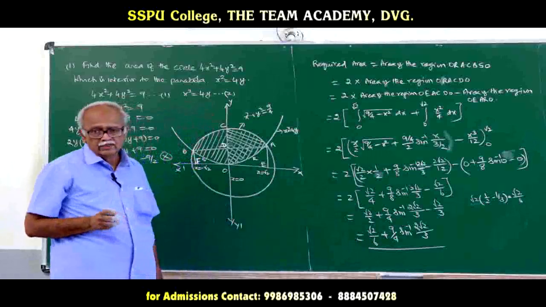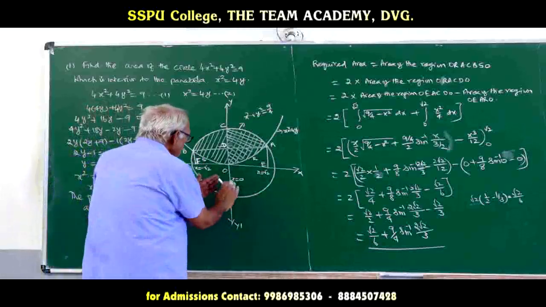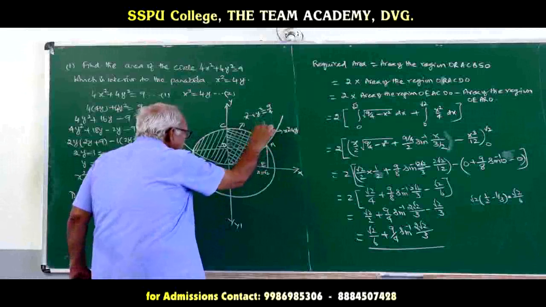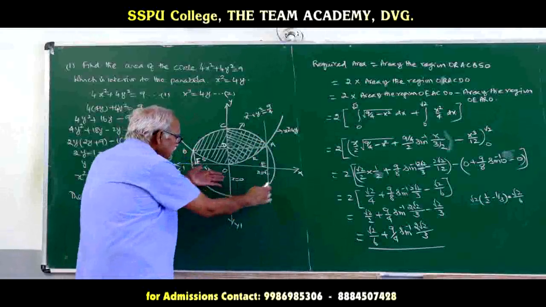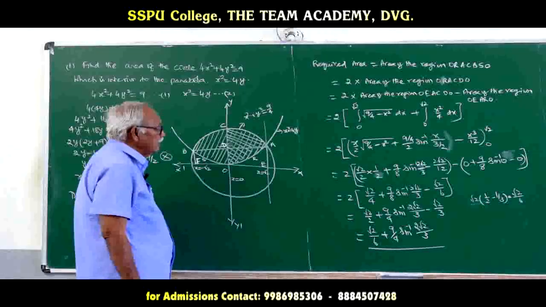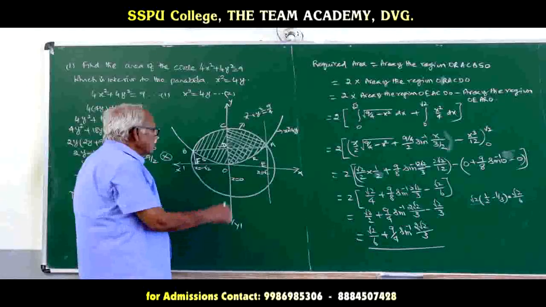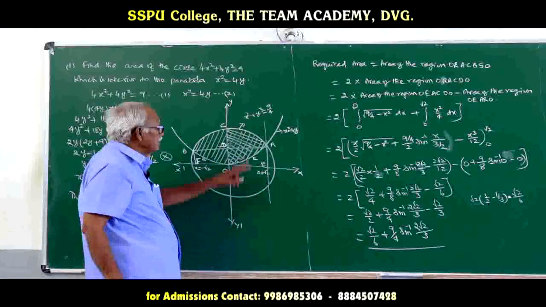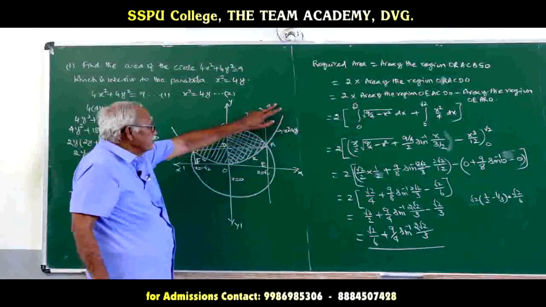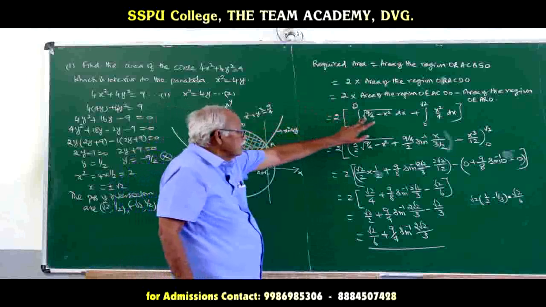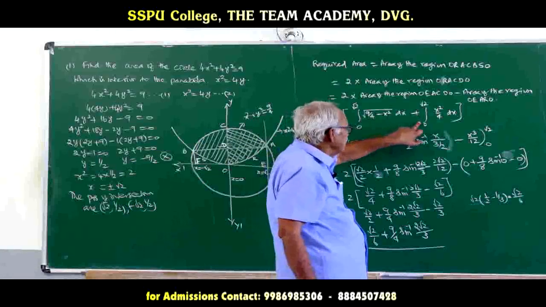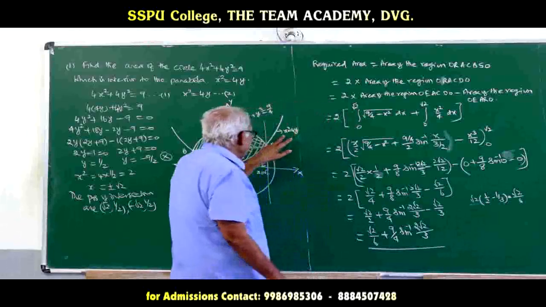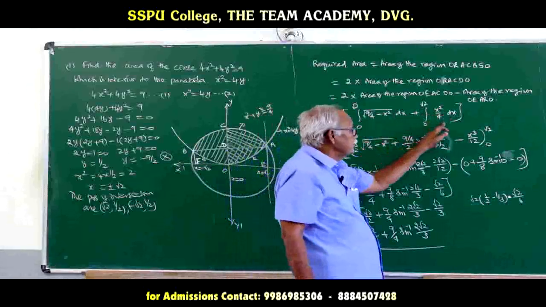Now, we have to find the integrals. The limits are x is equal to 0 and x is equal to root 2, between these ordinates. So, 0 to root 2, the upper curve is the circle, that is y square is equal to 9 by 4 minus x square, so root of 9 by 4 minus x square is y, and here x square is equal to 4y, y is equal to x square by 4.